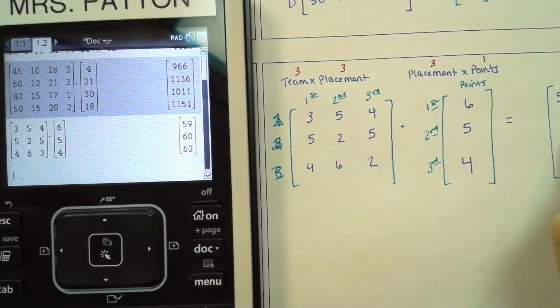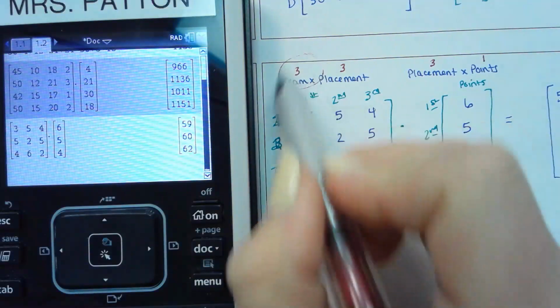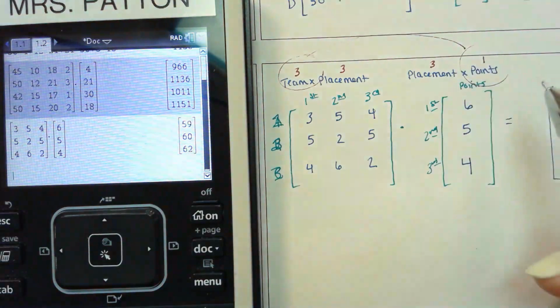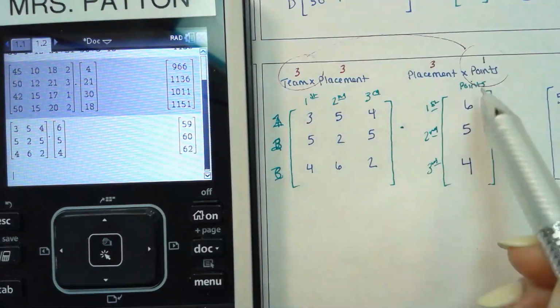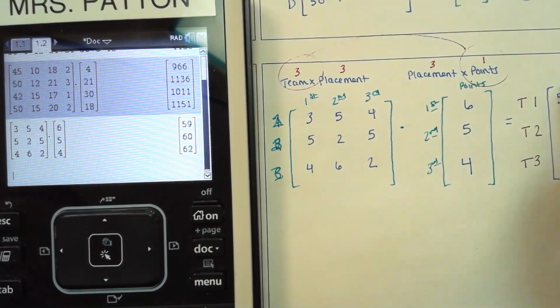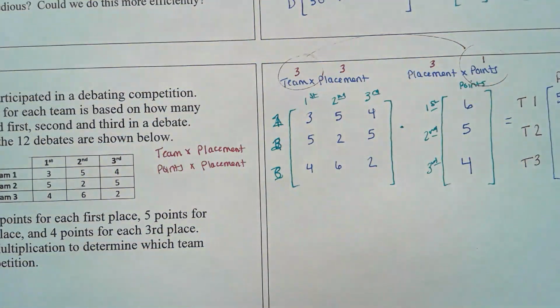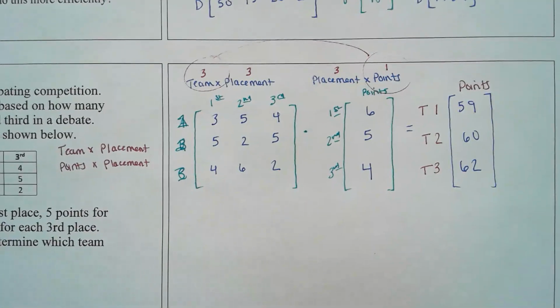59, 60, 62. My answer, remember, my resultant matrix is teams by points. So team 1, 2, and 3, and this is the points that were awarded to each team. So we let the calculator do the repeated multiplication. So the question was, which team won the competition?